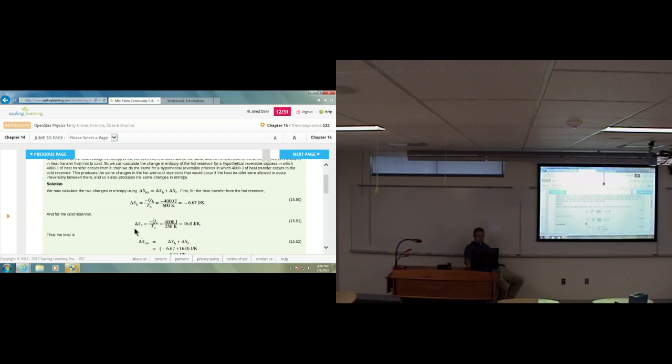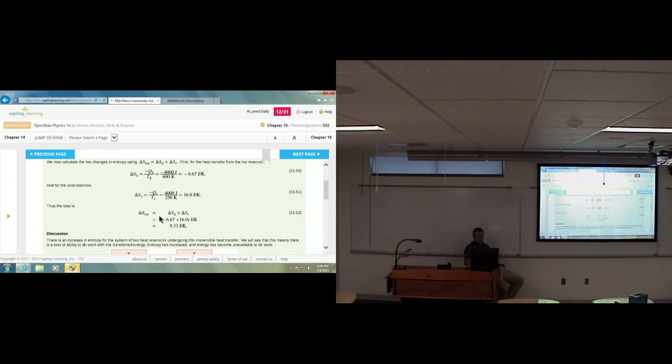In the cold reservoir, we have a change in entropy of 4,000 over 250, 16 joules per Kelvin. And the total change in entropy, as we add them together, is 9.33 joules per Kelvin. There is an increase in entropy for this system.